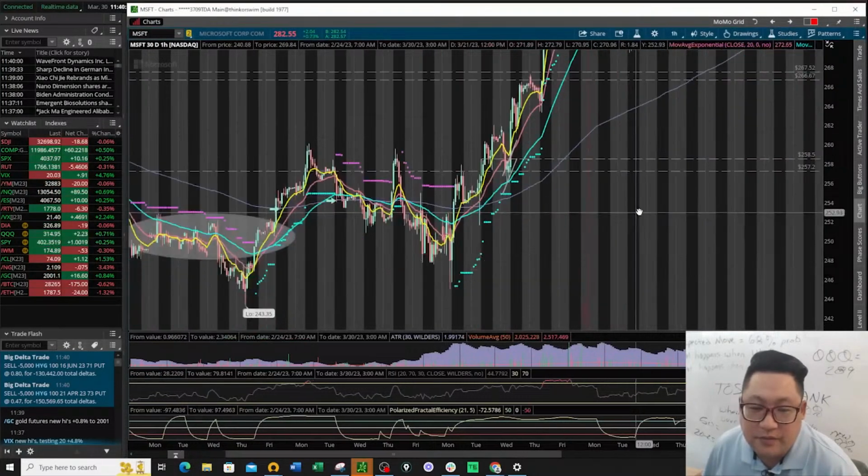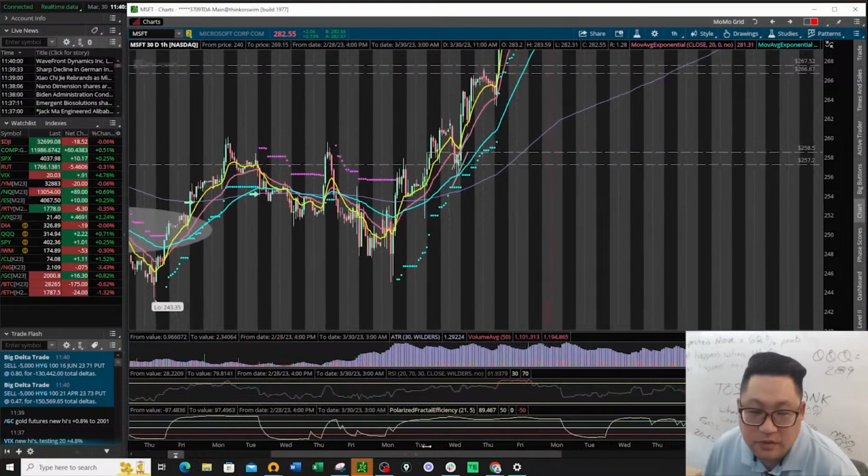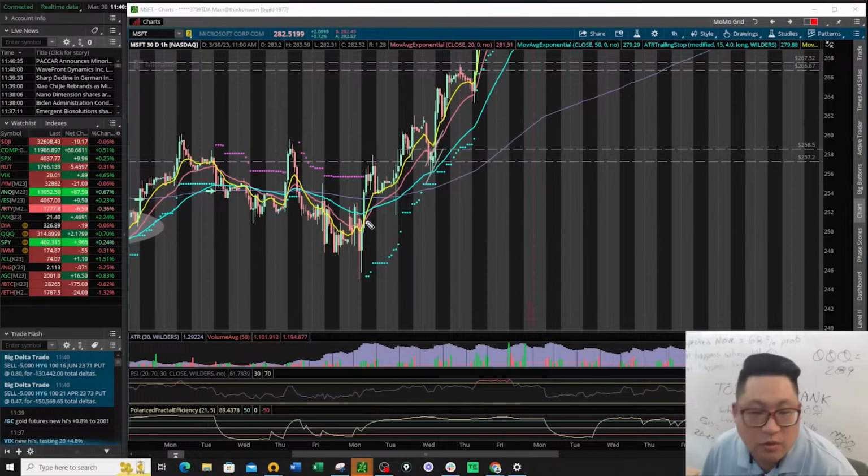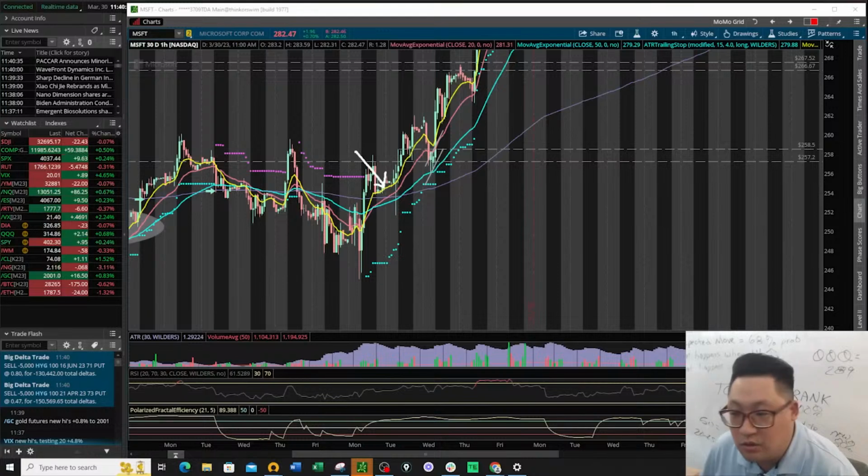So looking at it from the standpoint of the 9 EMA, that is what we're looking to cross up. The 9 EMA would be the yellow line right here. The pink line in the middle, which I'll highlight with a pink arrow, right there, that is the 20 EMA, 20.